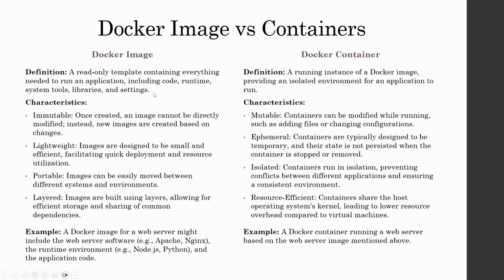It will also have all the libraries, like maybe pandas, numpy, matplotlib, whatever. All those will be installed, and it will be configured in such a way that if you try to run this, it will not need anything else. Everything works out of the box. So that is what a Docker image is.